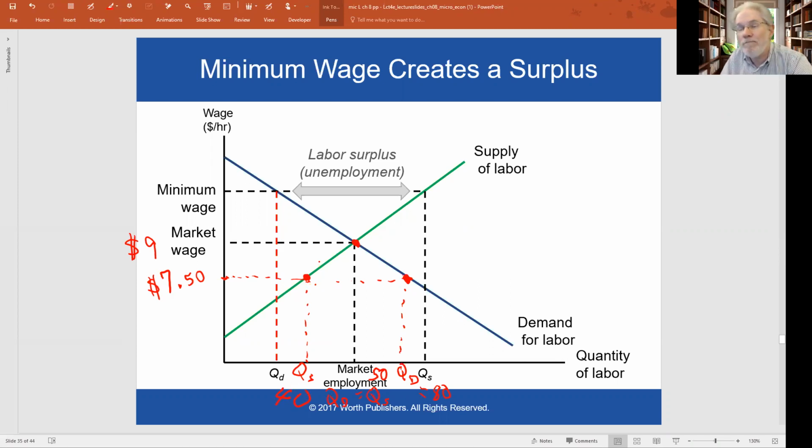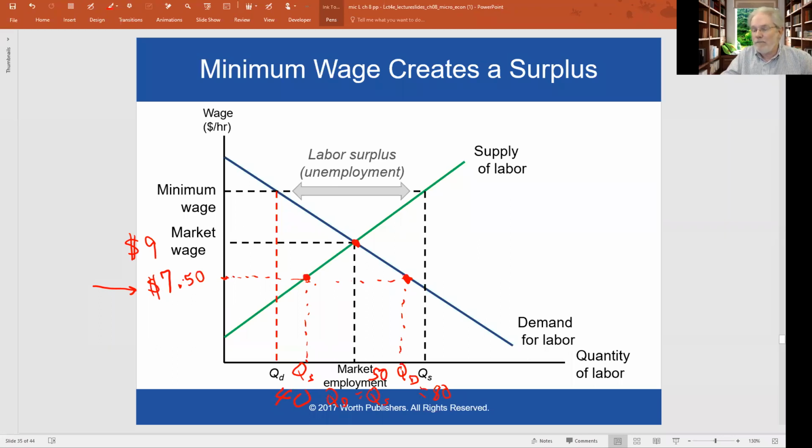What do we call that? Shortage? We call that a shortage. We got to be careful here. If the wage is $7.50 an hour, then we will have a shortage.